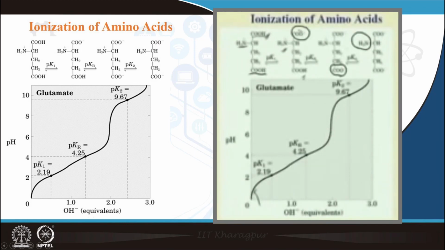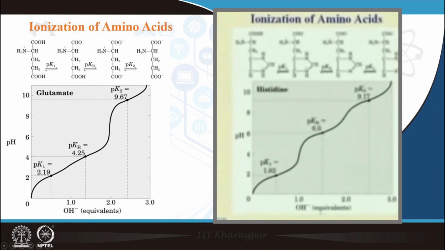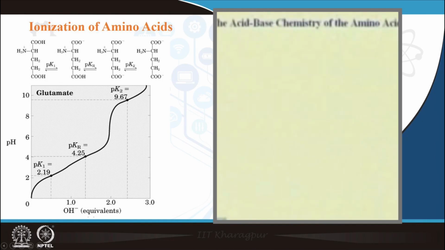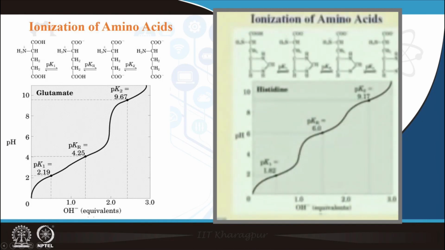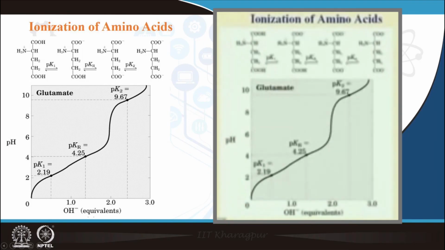So the 3 pK values that I now have correspond to the, what does it correspond to? We have 3 protons that can be lost. So we have now, that's wrong. Okay. So what do we have?